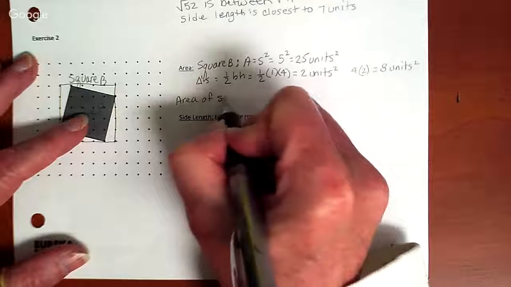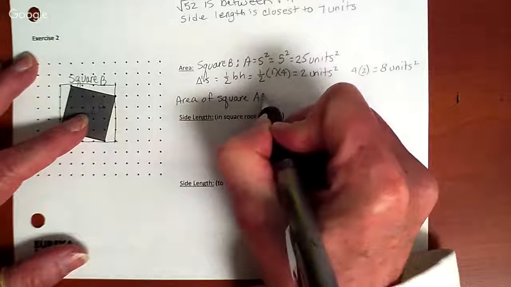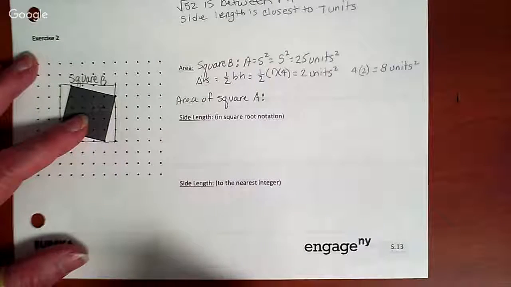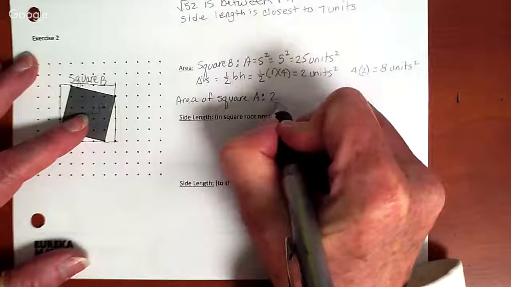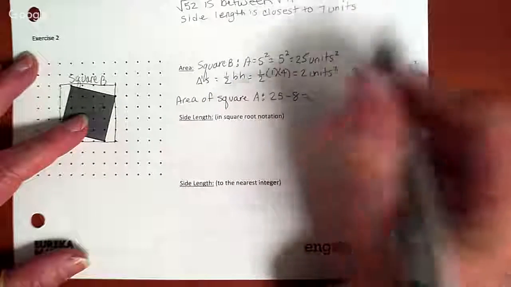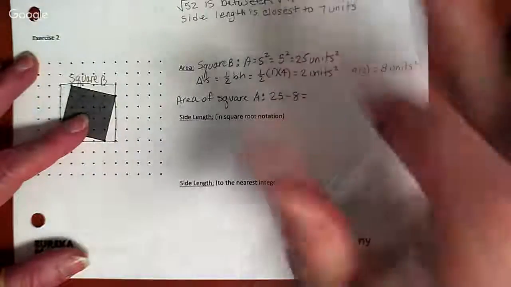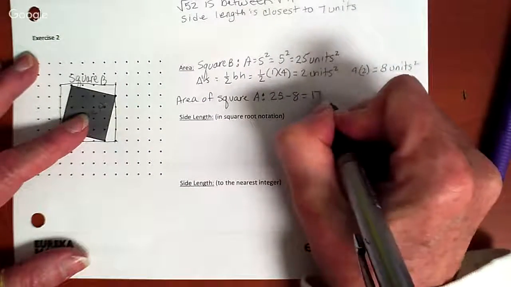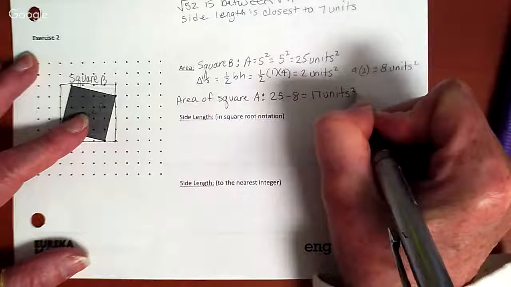Okay. So now to find the area of square A, we have the 25 minus 8 equals 17, not the square root of yet, units squared.